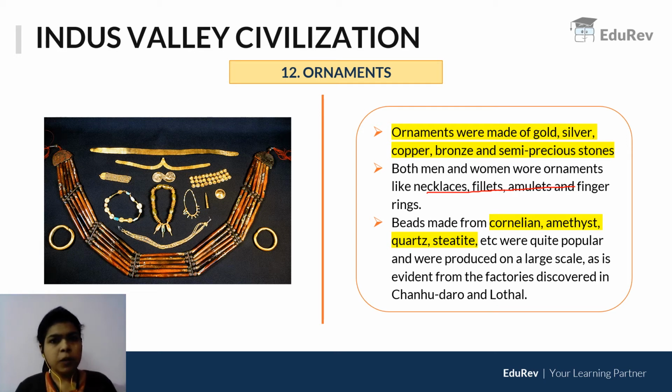So for that purpose also, amulets were used. That suggests that people actually tended to believe in the concept of ghosts and everything. And beads made from cornelian, amethyst, quartz, and steatite were quite popular, and many factories were discovered in Chanhudaro and Lothal.